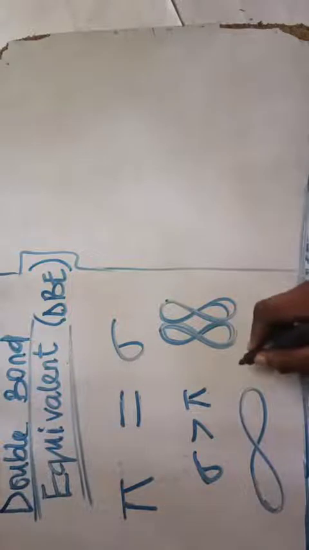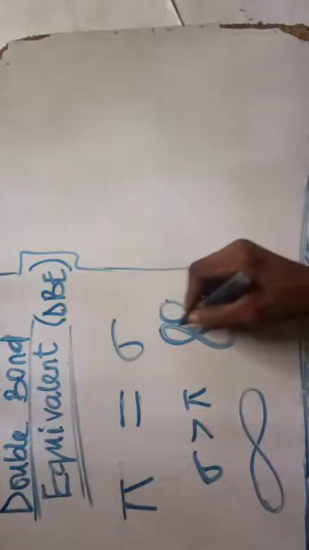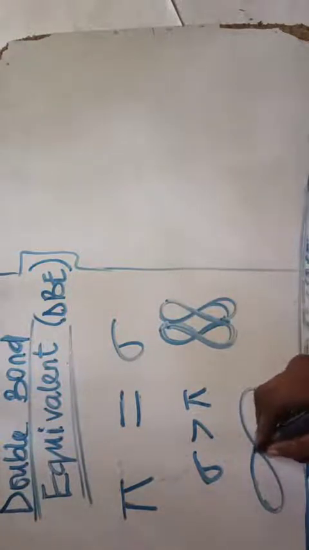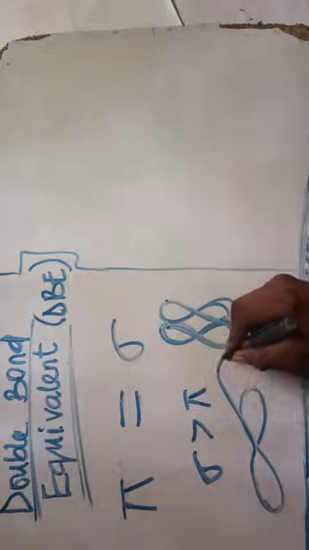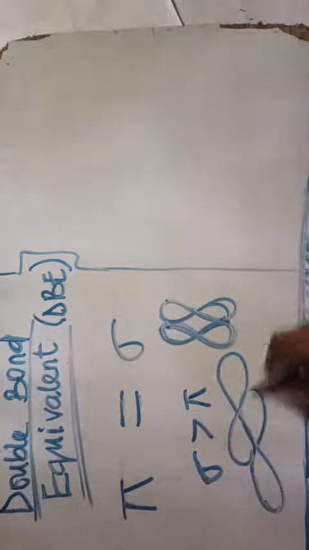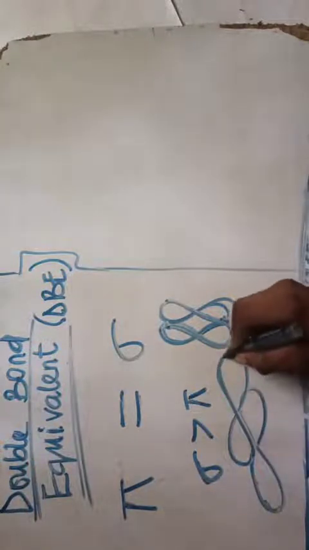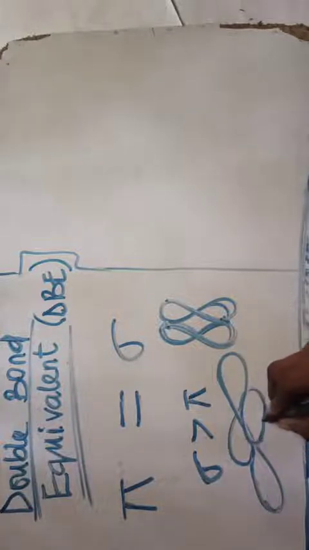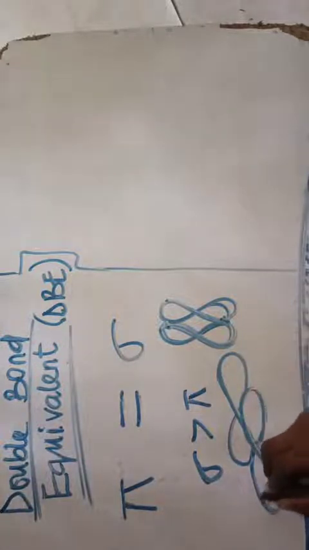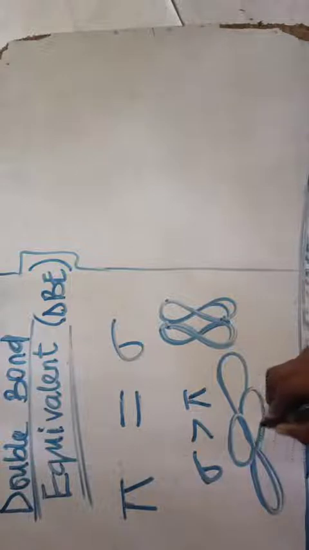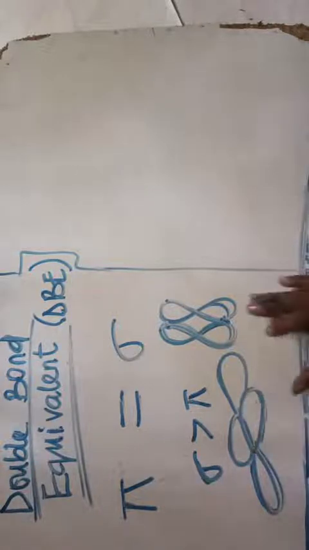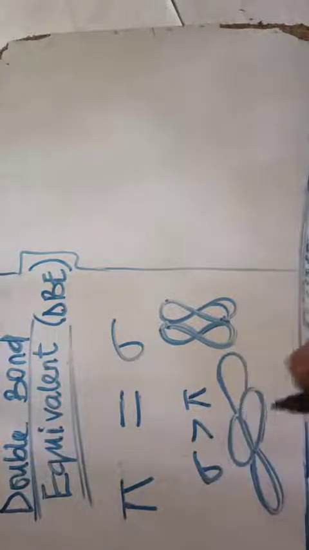If I want to draw this here, it won't touch the edge, it will overlap. So it will be something like this. This is stronger than this. So this is a sigma bond, this is a pi bond.